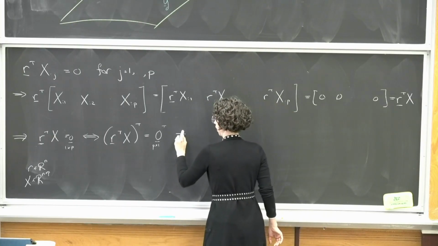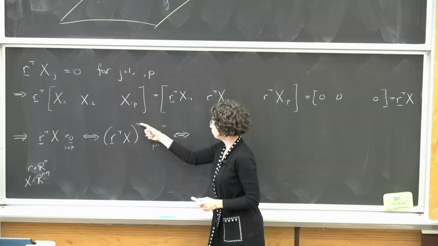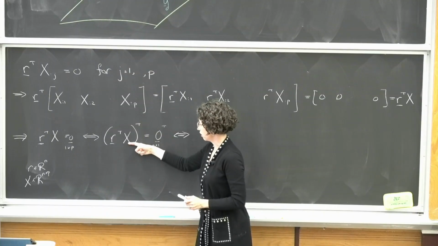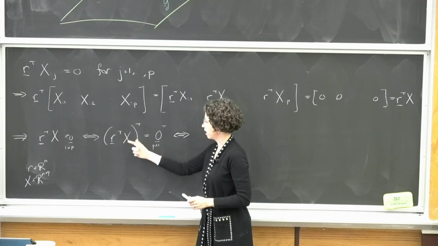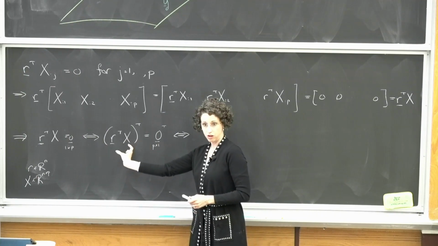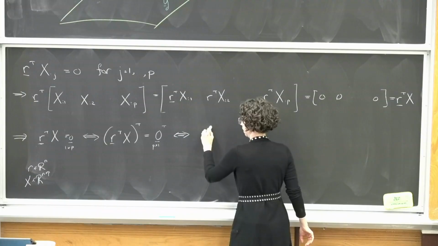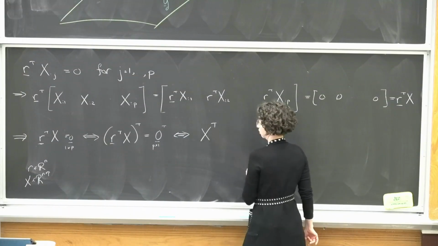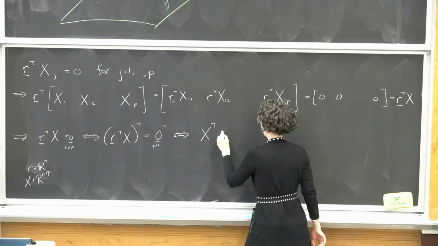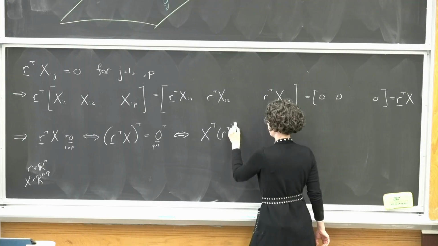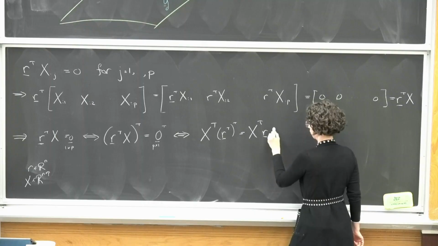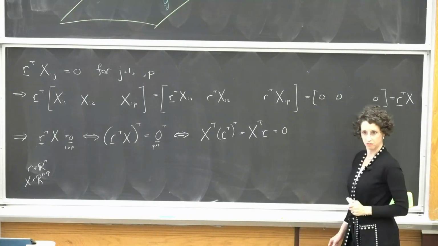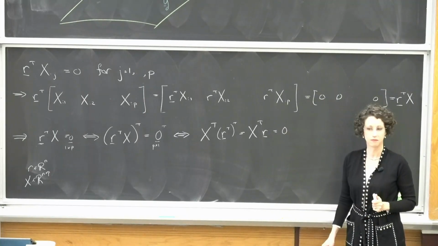And when I take the transpose of a product like this, I take the transpose of each individual factor and reverse the order. So I'm going to take X transpose, and then R transpose transpose, which is simply R. So X transpose R is equal to 0. Yeah, thanks for asking.